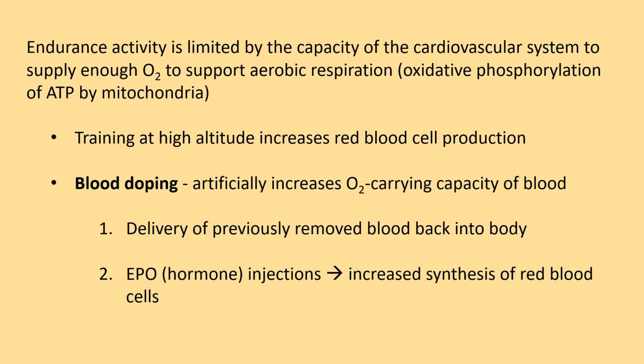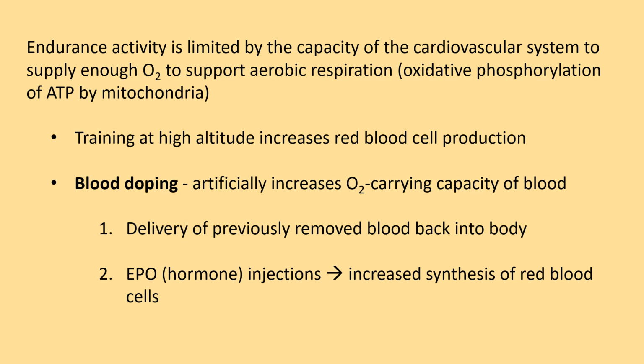It is determined, for the most part, by the ability of their cardiovascular system to supply oxygen to their muscle cells. That's a crazy idea, but it's supported by lots and lots of evidence.